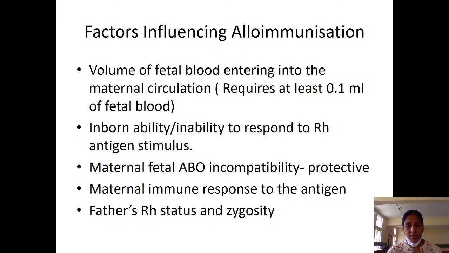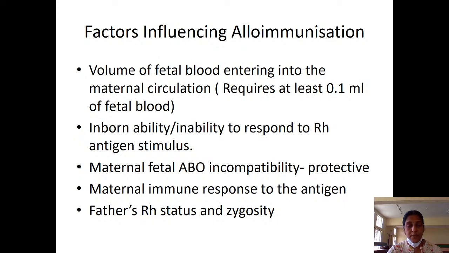Actually, ABO incompatibility is protective against alloimmunization. When ABO incompatible fetal blood enters the mother, there are antibodies against those blood cells, so the fetal blood cells are immediately destroyed. There won't be any release of Rh antigen and no antibody production against it. So ABO incompatibility is protective against alloimmunization.